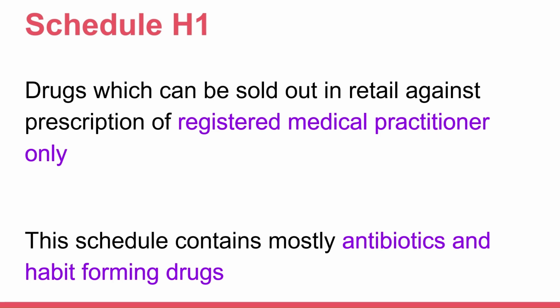The difference is that in H, the preparations are mostly hormonal preparations, but in H1, the preparations are mostly antibiotics and habit-forming drugs.